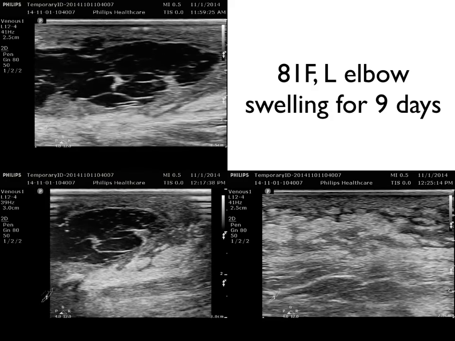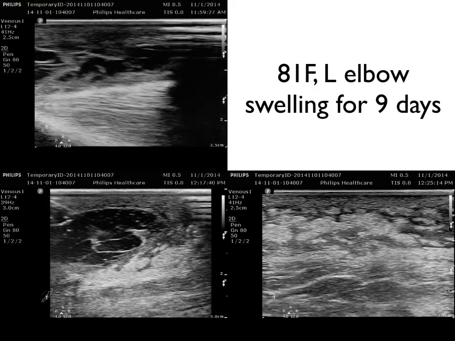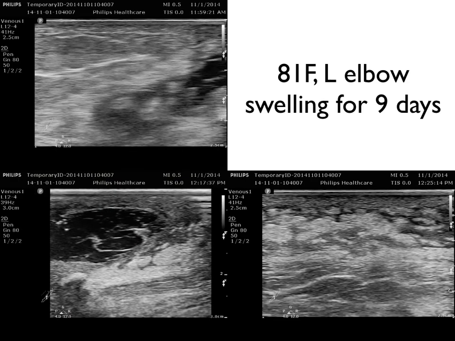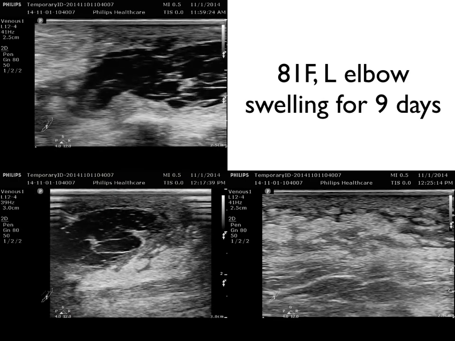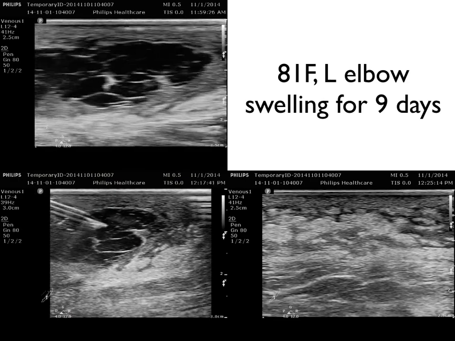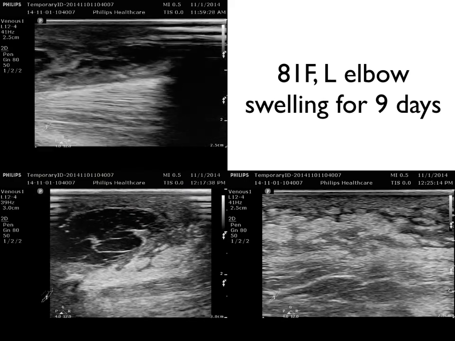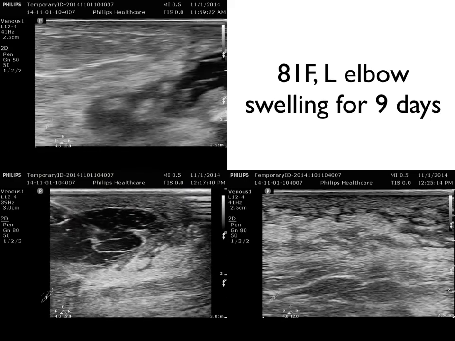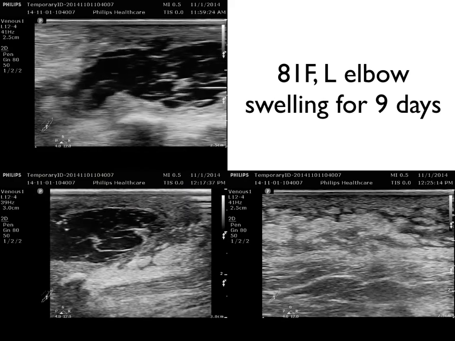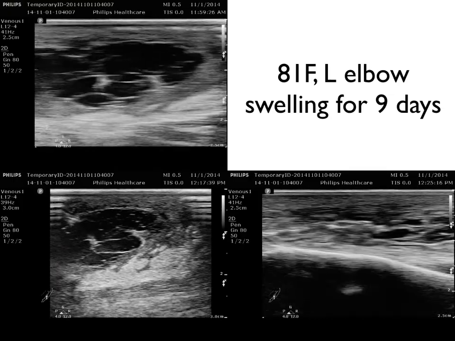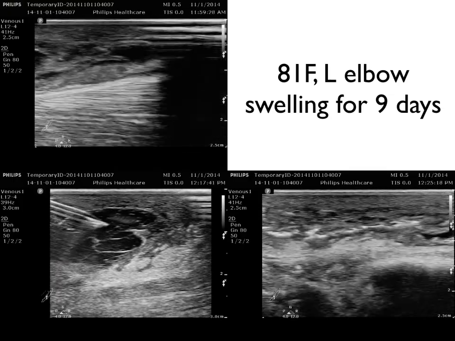Put the needle flat, as you can see. If you put the needle parallel to the probe, the enhancement is stronger and lets you see the needle easily. Monitor response, so the patient was sent home after the aspiration.